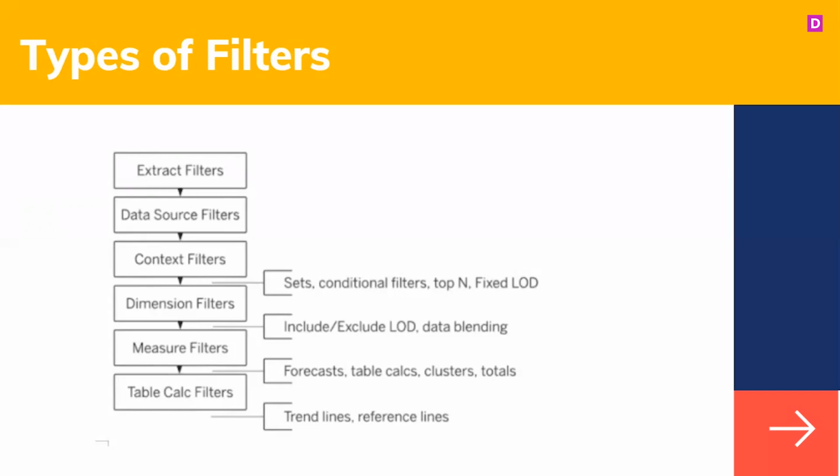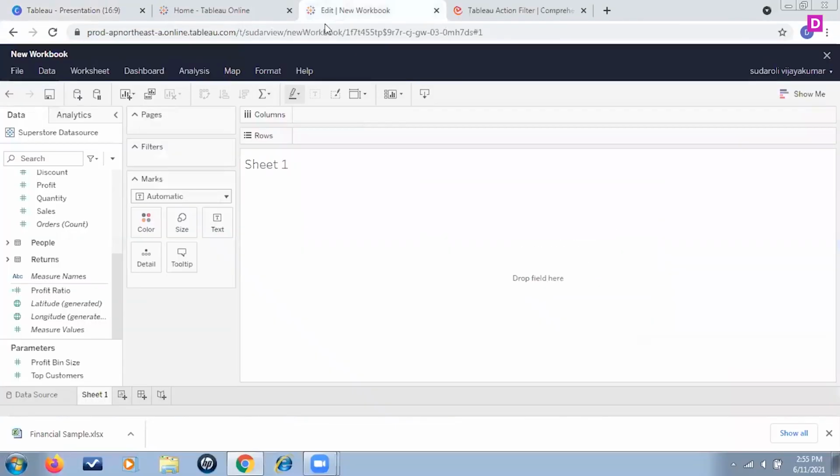These are the different types of filters which you can use to get any sort of subset from your actual set. So now let's get inside our Tableau environment and explore how you can make use of these different types of filters.